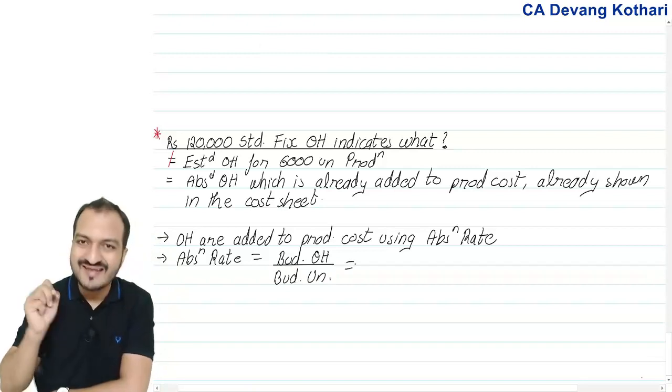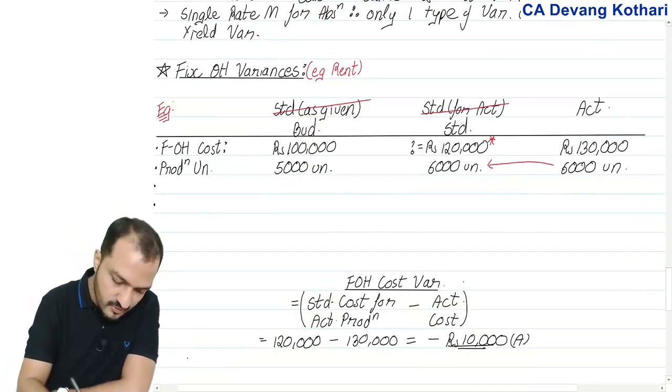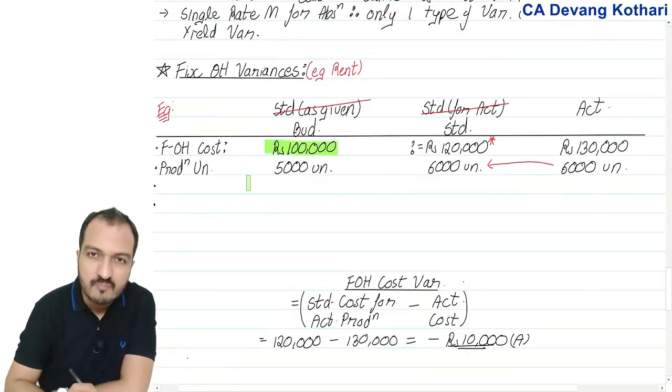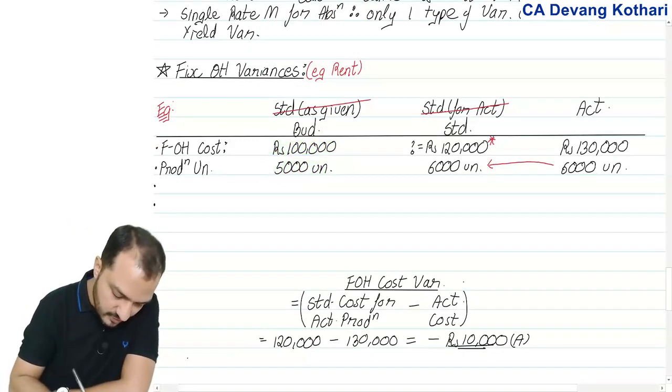In this particular question, my budgeted overheads was 1 lakh and my budgeted units was 5,000.